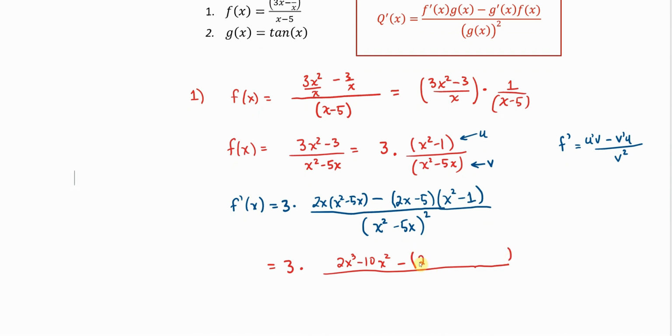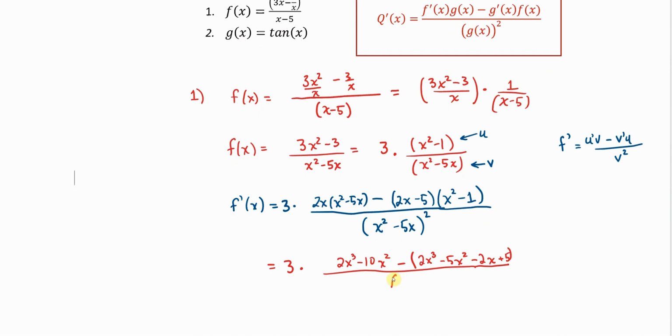That gives me 2x cubed, then 5x squared, negative 5x squared, then negative 2x, and then positive 5.